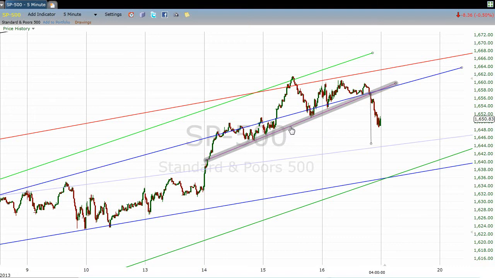The reason is I have seen the slope of the neckline, both tops and bottoms, sometimes measure out a little differently than a flat neckline or a neckline that is down sloping. And what I mean by that is this. If the market were to do nothing but go sideways yesterday, then by the end of the day it could be at 1650.